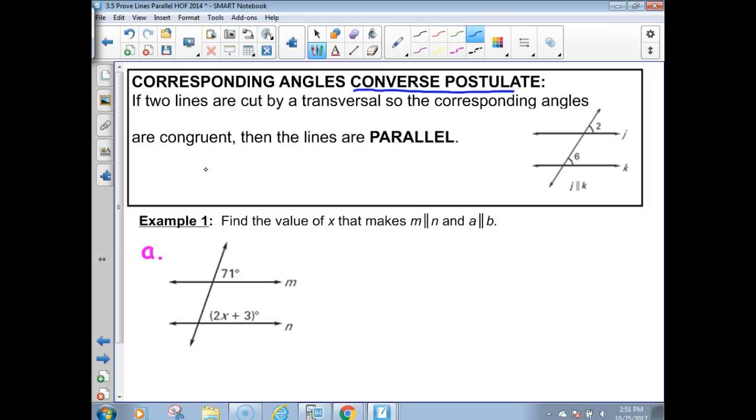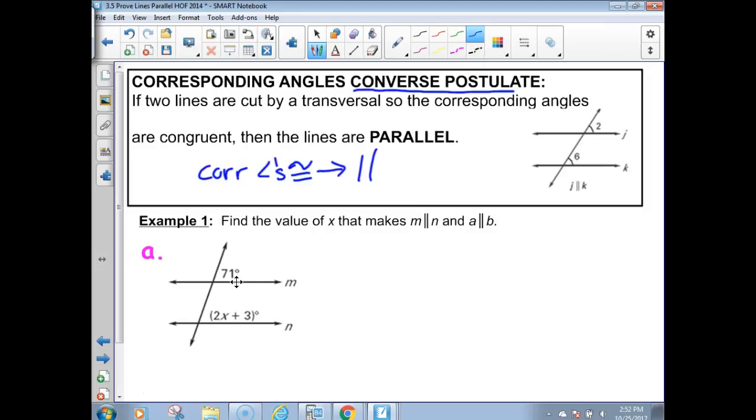In short, corresponding angles congruent implies parallel lines. Okay? I want you to know what it says. This is how we're going to write it: if I ask you what postulate or theorem you are using to show the answer, you're going to have to give me this.